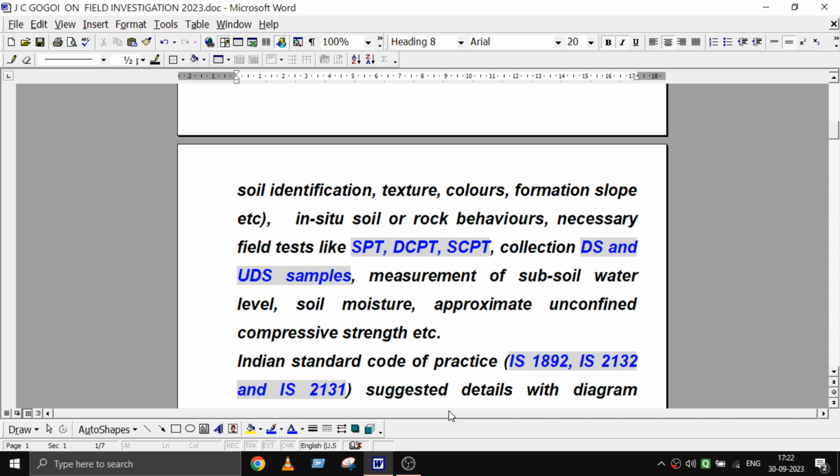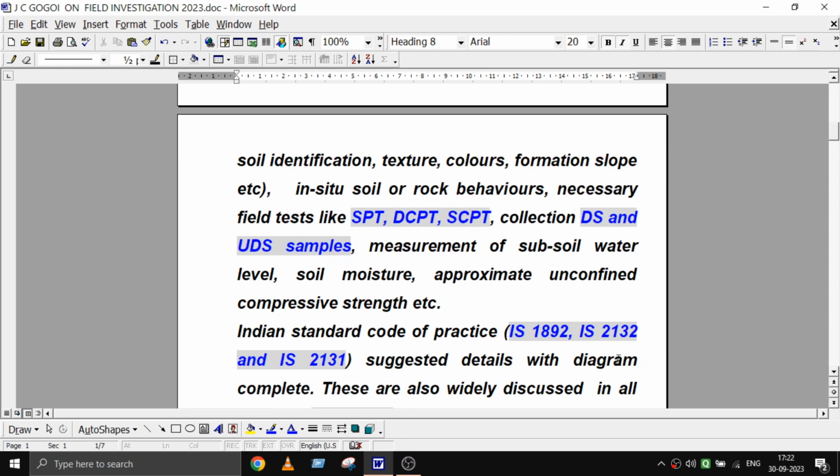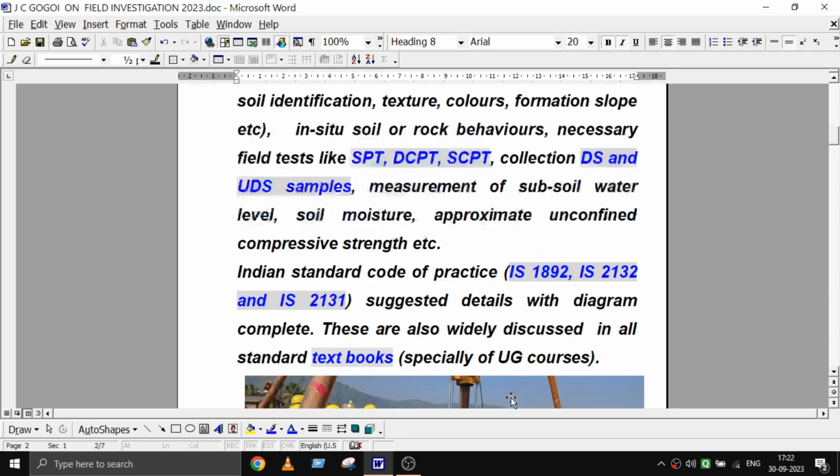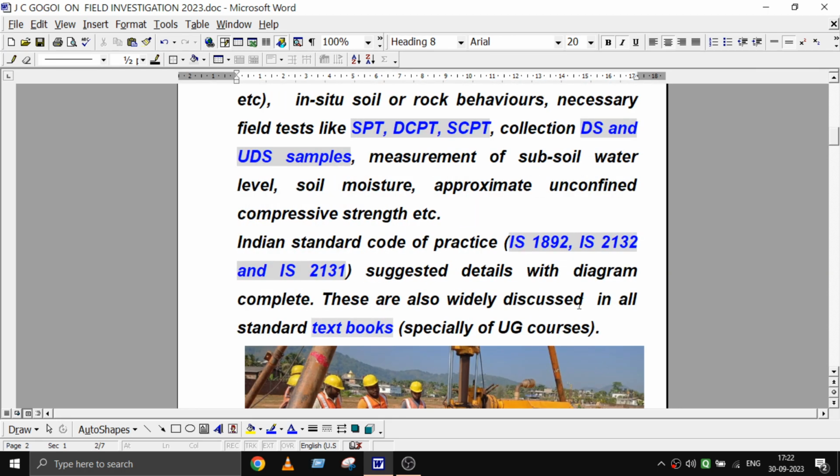That code gives complete details with diagrams. These are also widely discussed in all standard textbooks, especially for undergraduate courses.